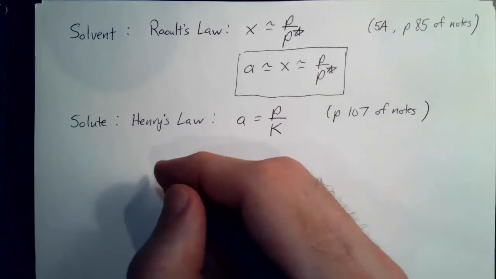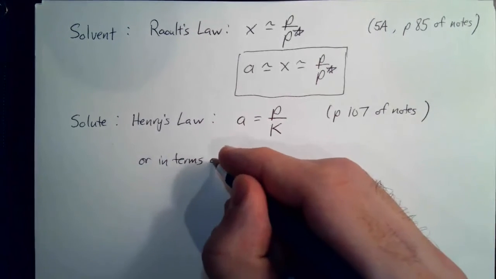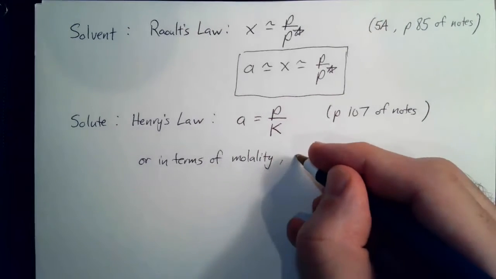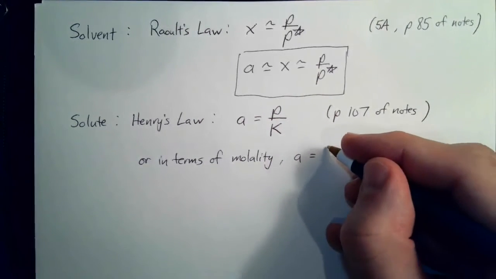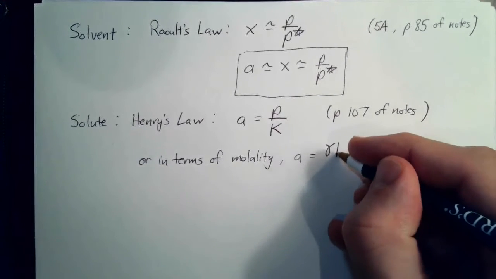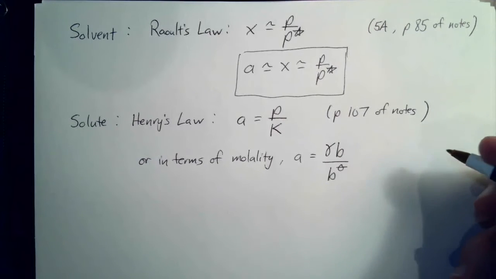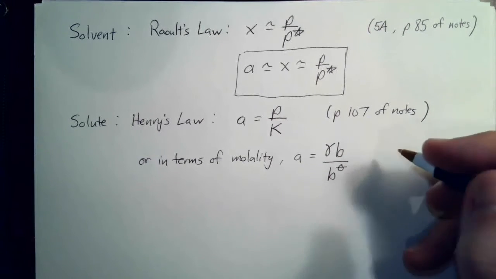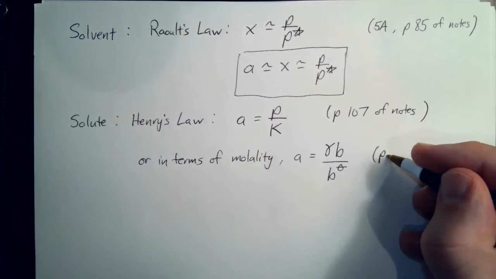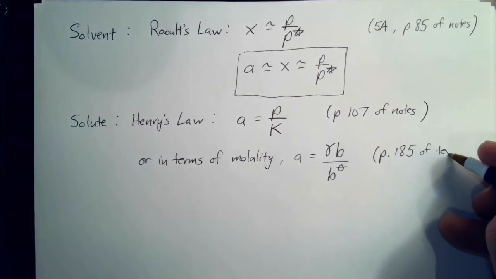Or, in terms of the molality, I can also write A as gamma, which is the activity coefficient, times the molality over standard molality. I did not derive this in the notes. If you want to see this derivation, I'll refer you to page 185 of the textbook.